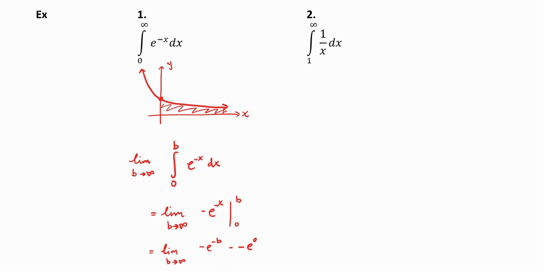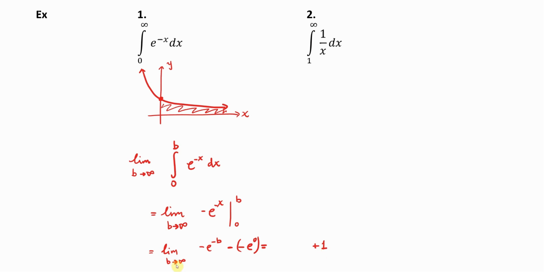First, this last part, minus negative e to the 0, is just the same thing as adding 1. So that's not hard.